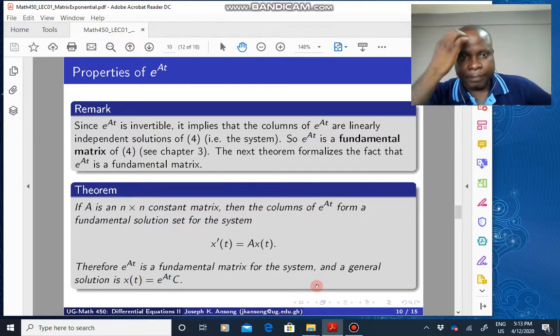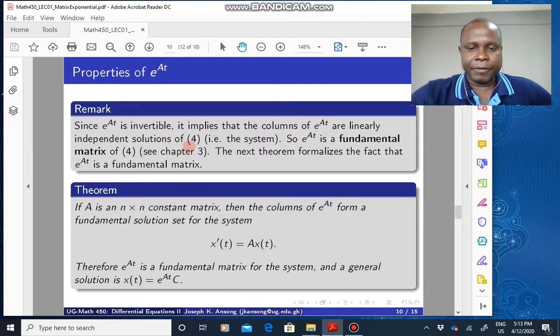Now, since we have just shown that the matrix exponential has an inverse, it's invertible, and it's a solution to the system, it implies that the columns of the matrix exponential are linearly independent solutions of the system of equations, which implies that the matrix exponential is actually a fundamental matrix of the system of equations.